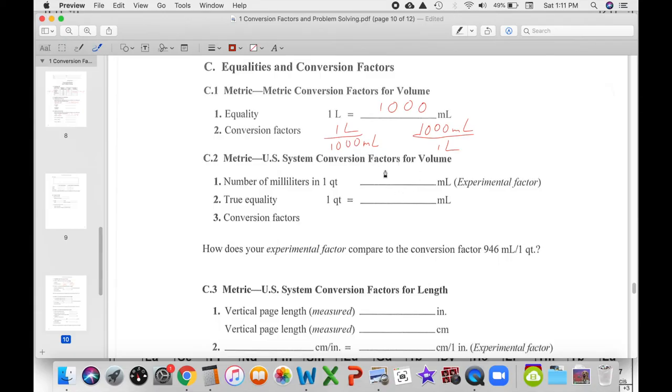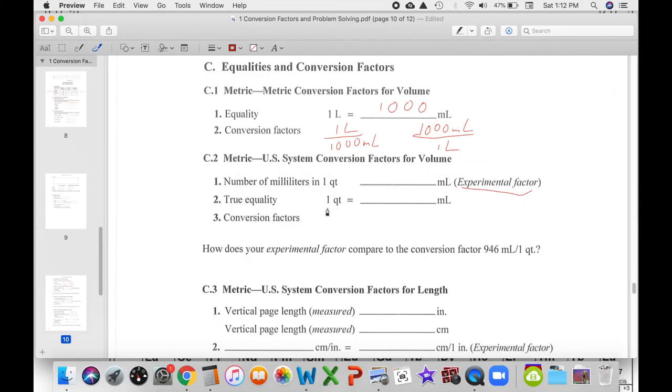So for part C2, the experimental factor over here is where we are measuring this using a measuring cup in our kitchen. So you grab a measuring cup, pour 1 quart of water in there, okay, and figure out how many milliliters that would be in your measuring cup.